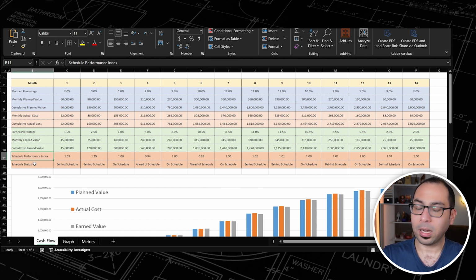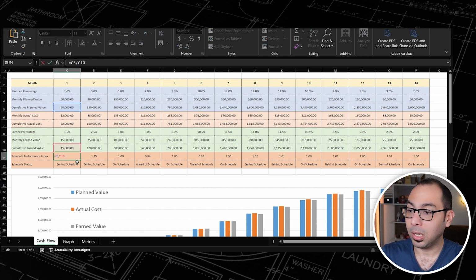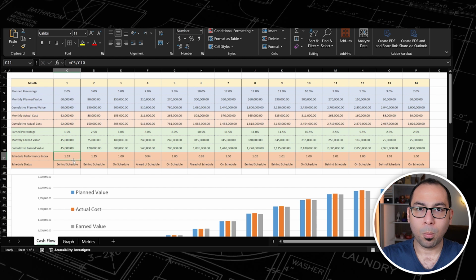So we have to look at the Schedule Performance Index to see whether we are behind schedule, on schedule, or ahead of schedule. This is the use of the Schedule Performance Index. And to get the Schedule Performance Index, all you have to do is divide the cumulative planned value by the cumulative earned value, and you compare this number. Is it less than 1? Is it equal to 1?